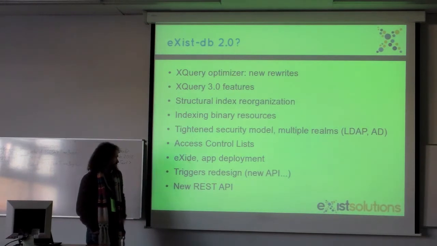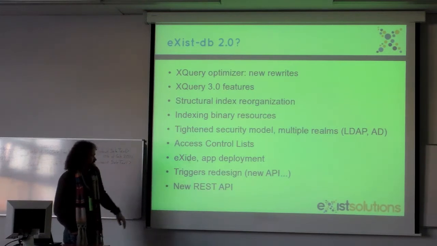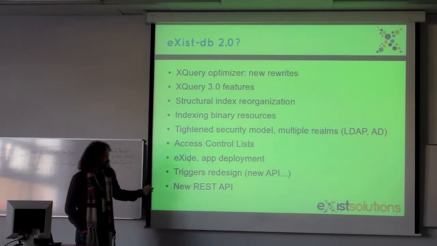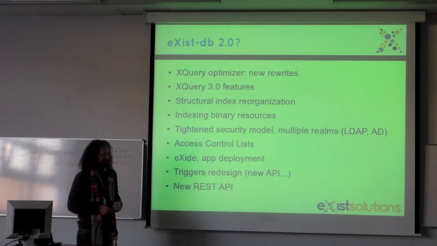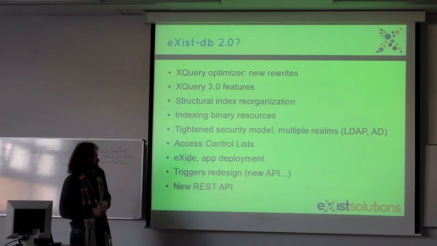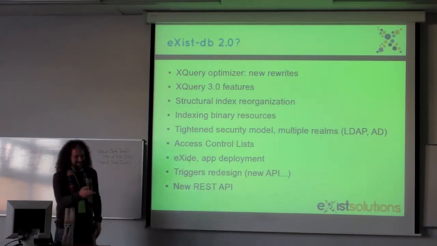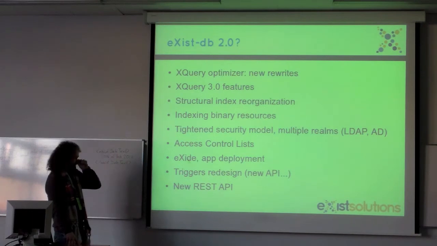We should also mention that the database triggers have been redesigned, the API and so on. And finally there will also be a new REST API, but that's still secret. That's still the subject of Adam's main talk tomorrow, so you can learn more about that then. So those are all the things which would be in the new version.